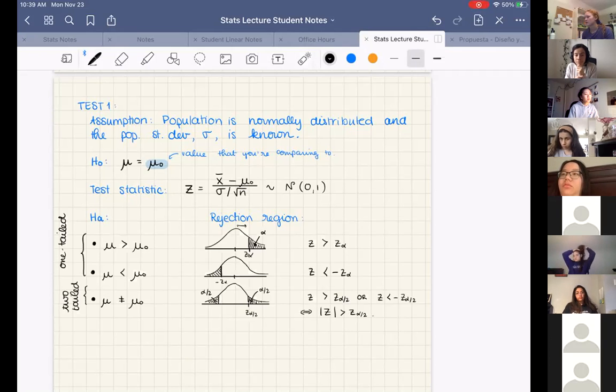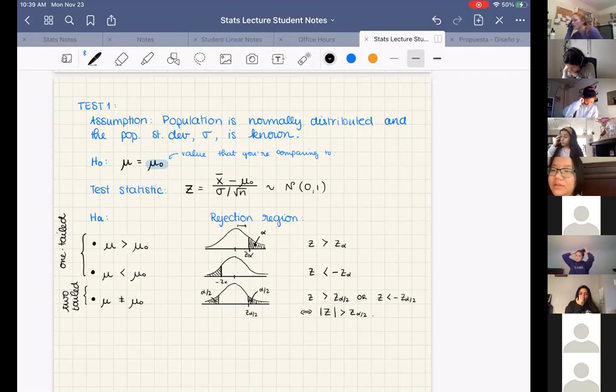Well, only one of them is going to be true, right? The value of Z cannot both be larger than Z alpha over 2 and smaller than negative Z alpha over 2. Okay, wait, a value can't be larger than 1 and at the same time smaller than negative 1.